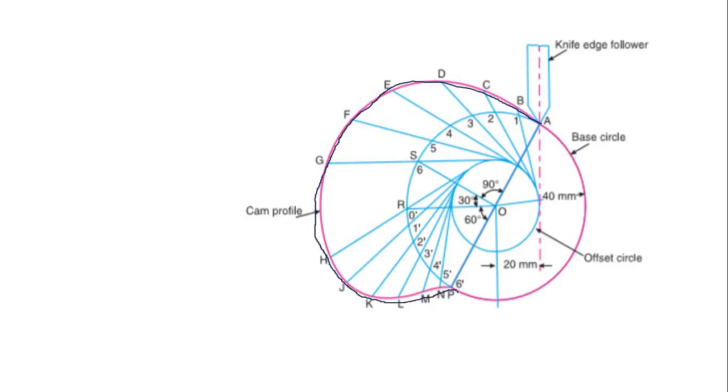This is very easy to draw the cam profile on paper, and this profile performs the task whatever is given in the question for the offset condition. This is the offset condition and this is the follower. If you manufacture the cam, it will look like this, the blue line contour which gives the follower motion like this. Thank you.